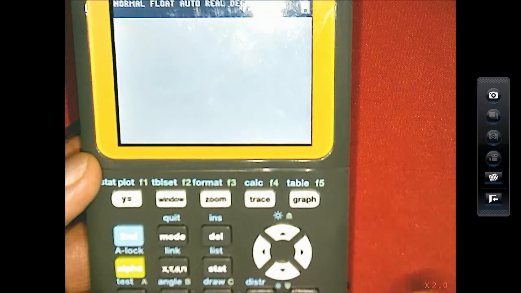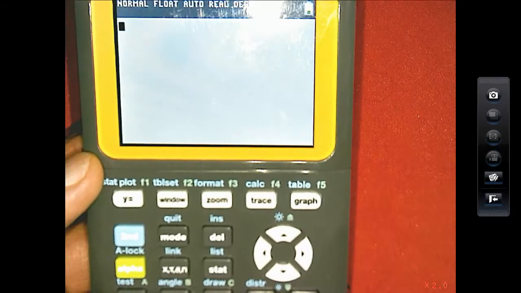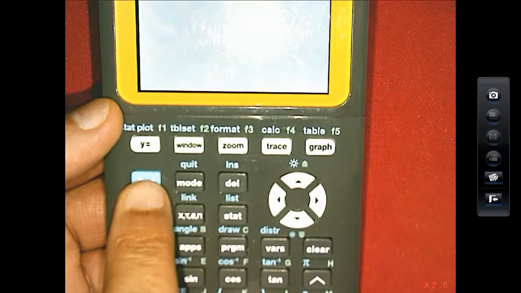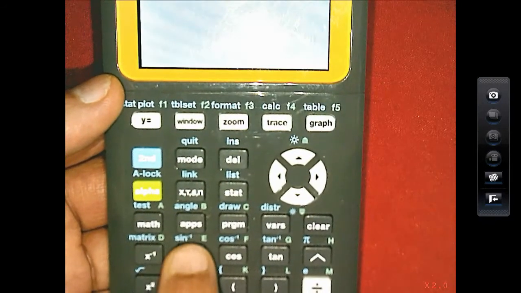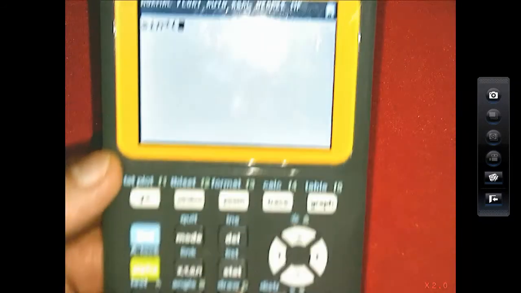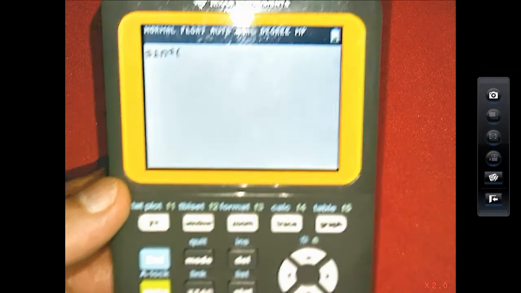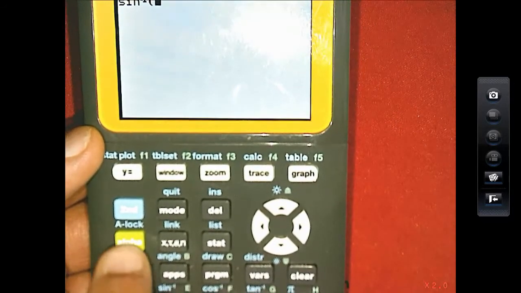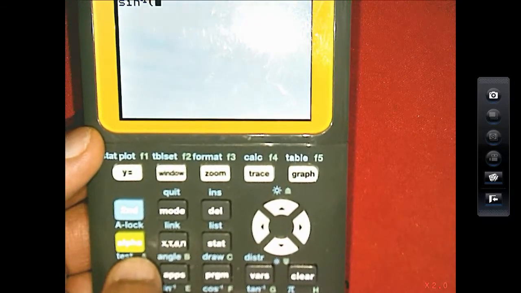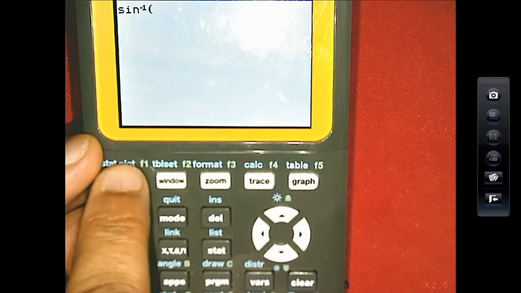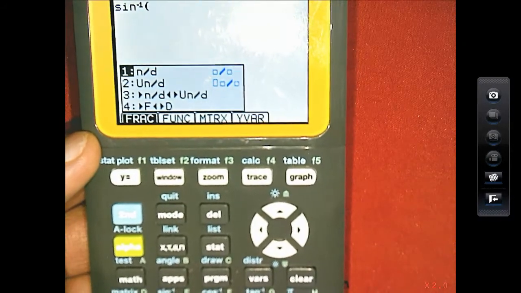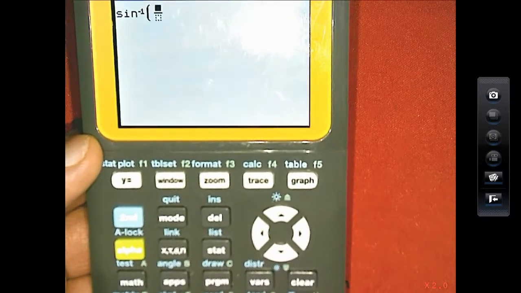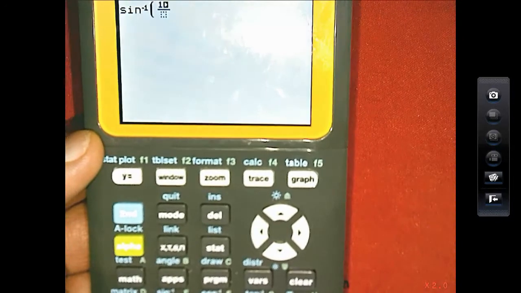Let me show once again. Say that you want to type sine inverse 12 over 24. First you start with second, and then press the sine key. Then you see sine inverse. To get the fraction, you see the alpha key, followed by y. Then it will ask what kind of fraction you want. You can just choose the number 1. Then I'm typing 12.